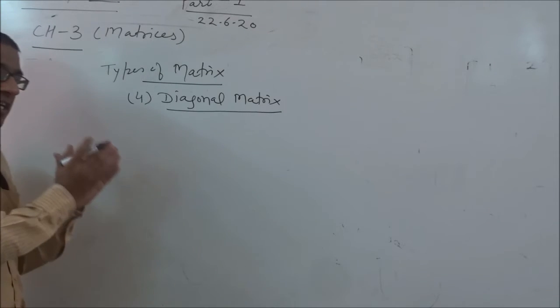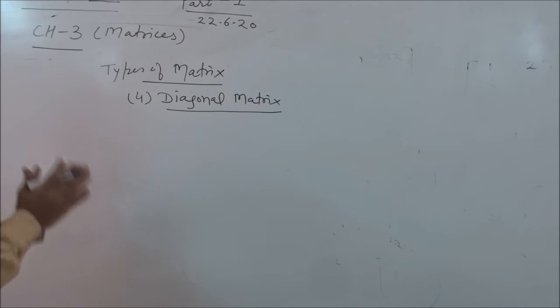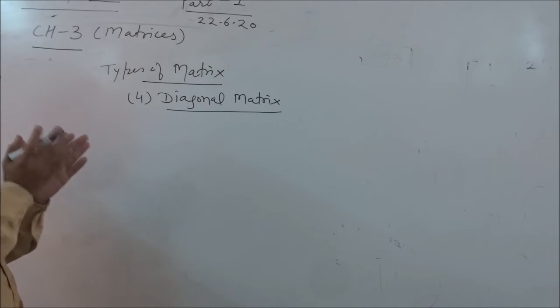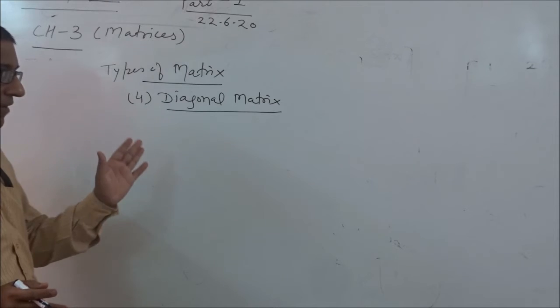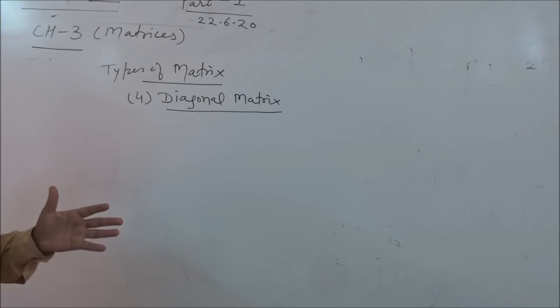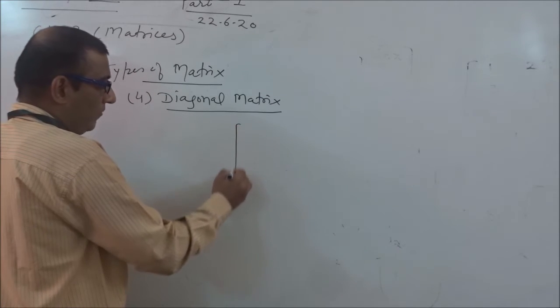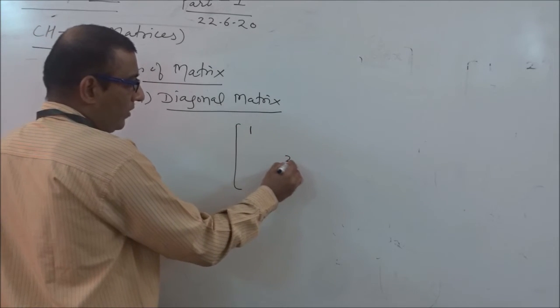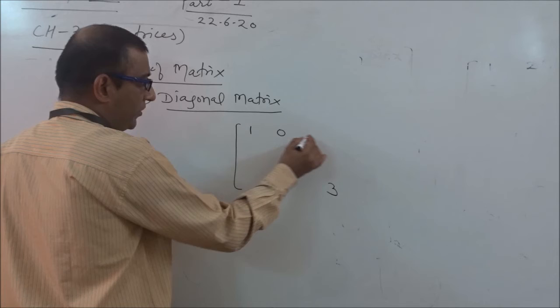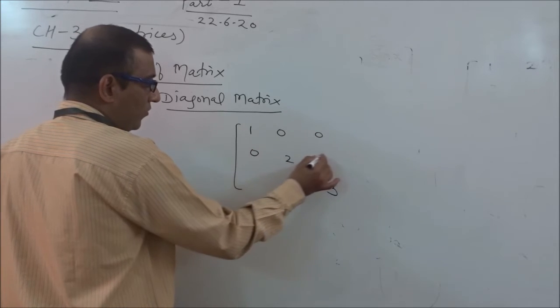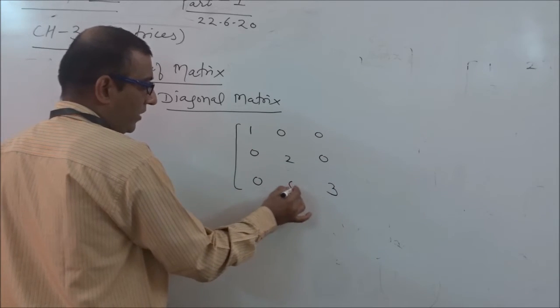The first condition for diagonal matrix is that we want a square matrix. A square matrix is said to be a diagonal matrix if all its non-diagonal elements are equivalent to 0. For example, if I am taking one example, 1, 2, 3, 0, 0, 0, 0, 0 and 0.